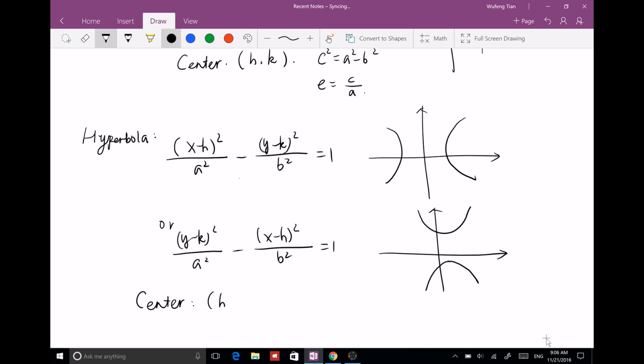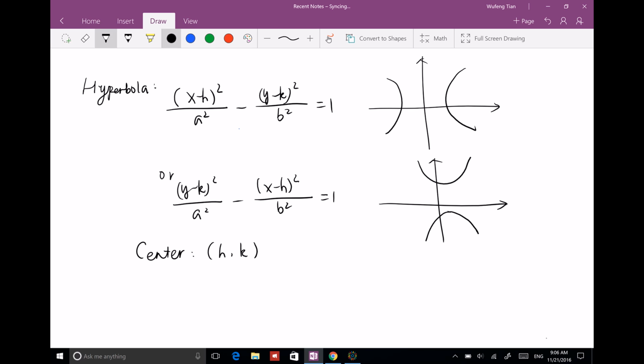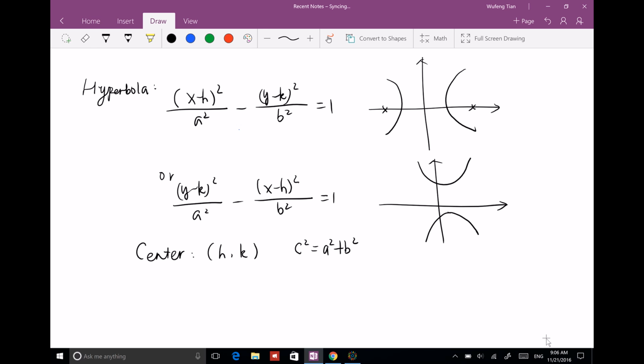Both of them have the center (h, k), and for the foci, we have c squared equals a squared plus b squared. It depends on where your center is. For the first one, the y value won't change, so k, and the x value is h plus or minus c.